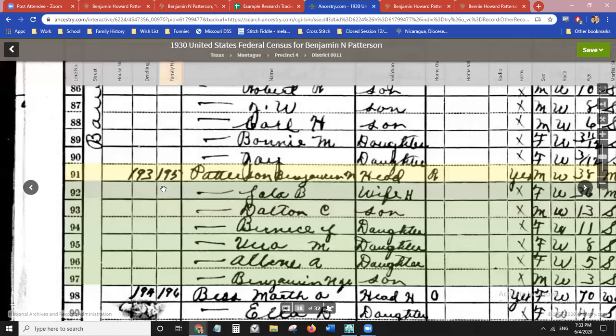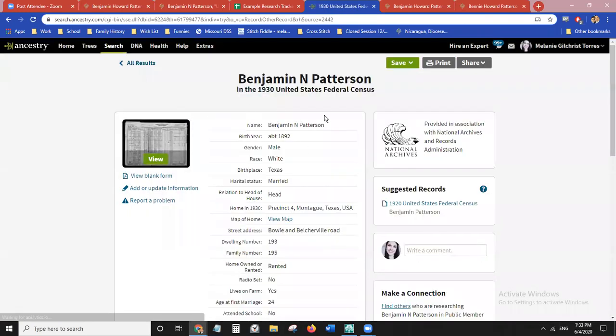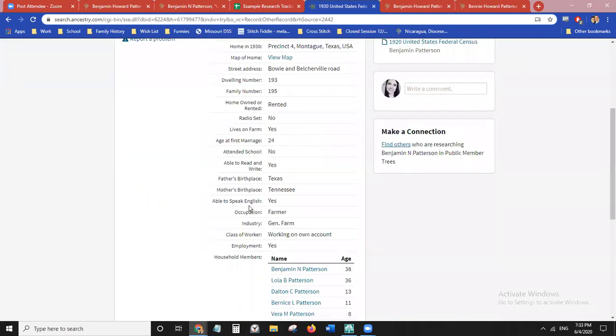So this is a pretty decent match for a place and for Benjamin and the number of children and about the same ages. There's a little bit of a discrepancy. My gut says that this is them and that their neighbor probably gave the information and they just guessed on all sorts of things.